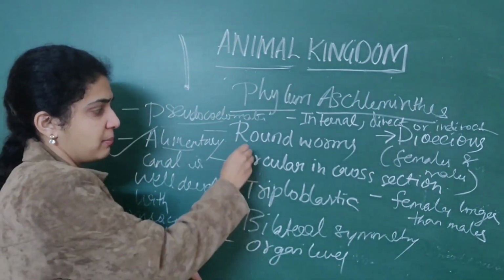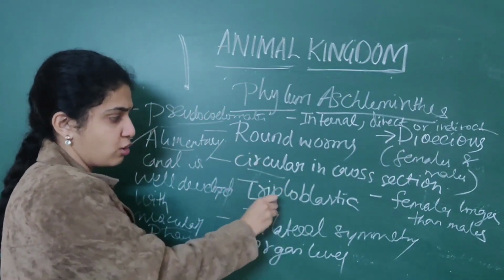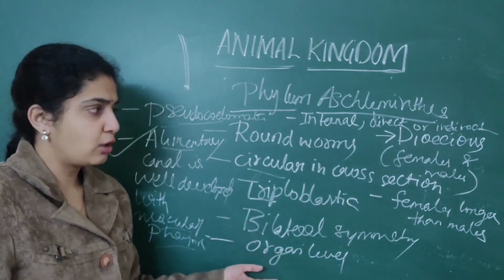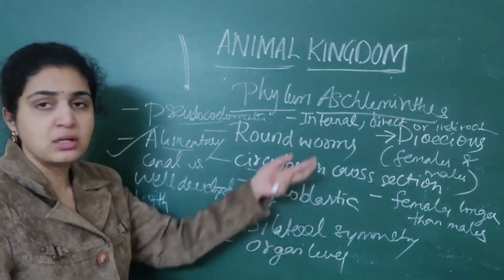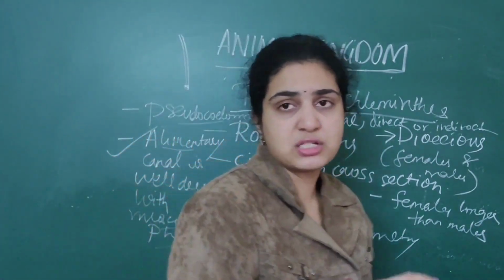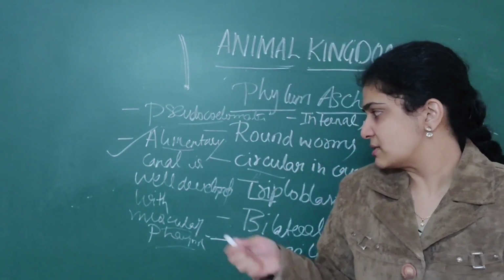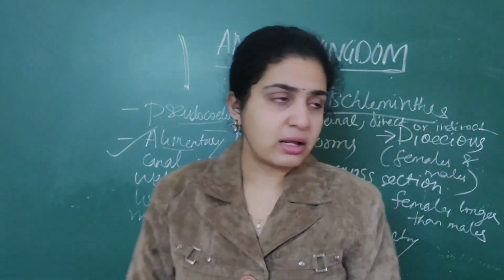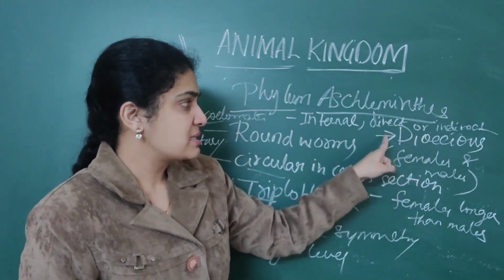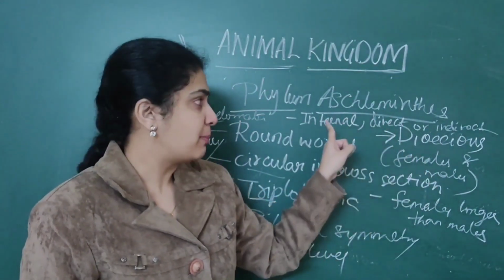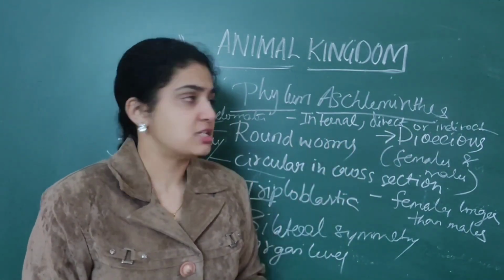Another thing to remember: circular in cross section, triploblastic, bilaterally symmetrical, organ level of organization, and fertilization is internal. These are all similar features to Platyhelminthes: triploblastic, bilaterally symmetrical, organ level of organization, development may be direct or indirect, then internal fertilization.